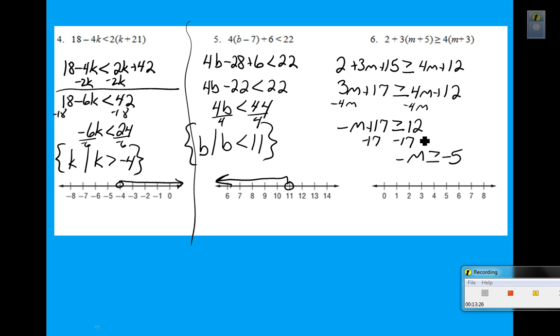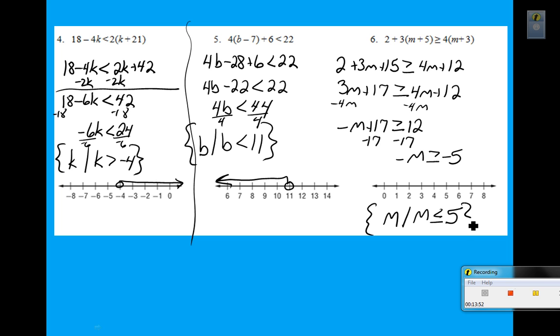Hey, notice this. I did not flip the sign. I didn't multiply or divide by a negative number. I subtracted a number. So don't flip your sign. But now I need to flip my sign right here, because I'm going to divide both sides by negative 1. I'm going to write that down here. So I'm going to have m is less than or equal to 5. And I'll go m such that.